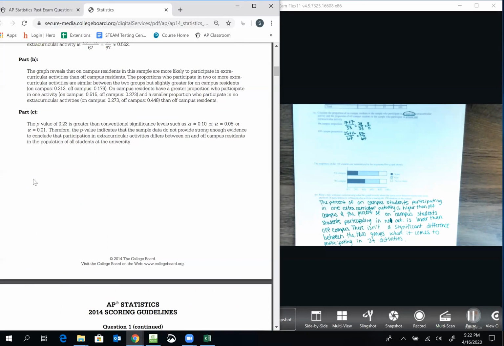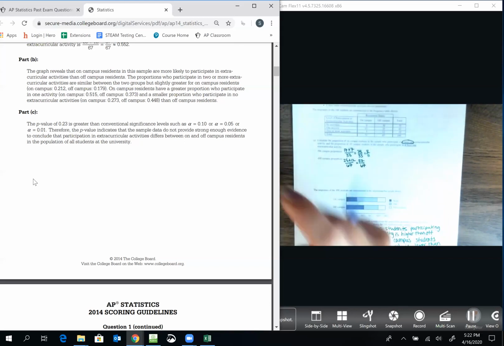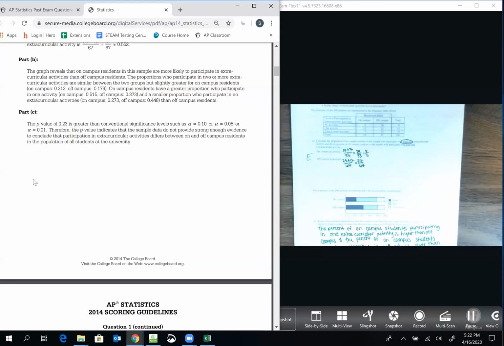So I said the percent of on-campus students participating in one extracurricular activity is higher than off-campus, and the percent of on-campus students participating in no activity is lower than off-campus. There isn't a significant difference between the two groups when it comes to participating in 2+ activities. So this part was essentially correct.